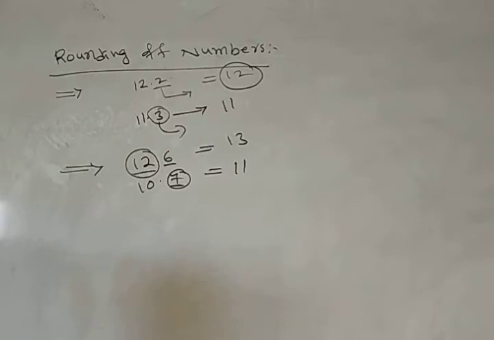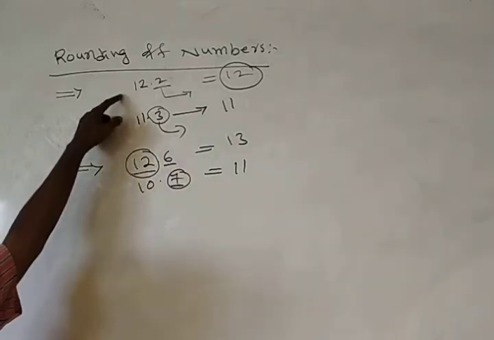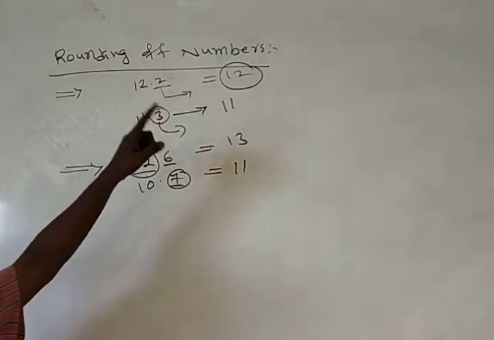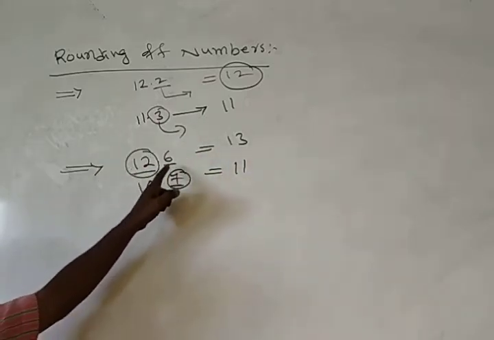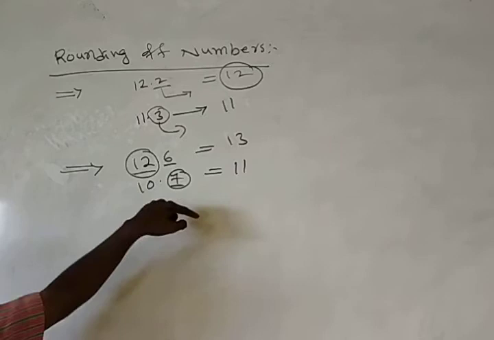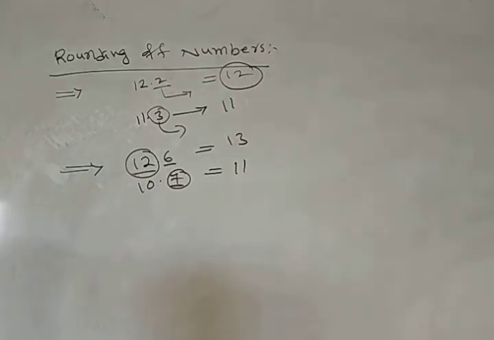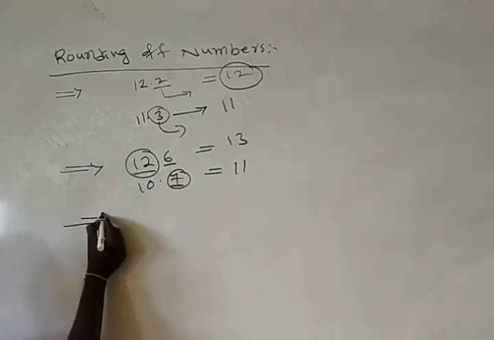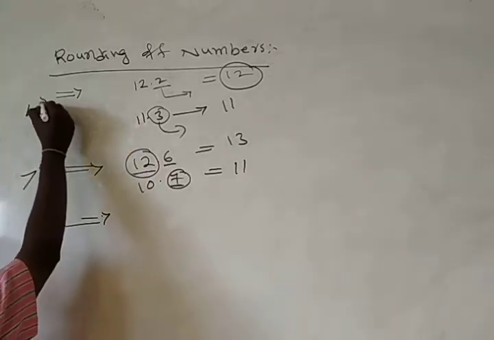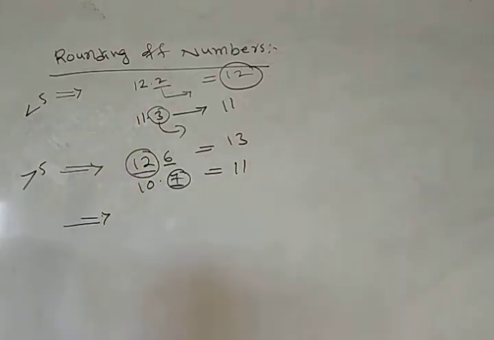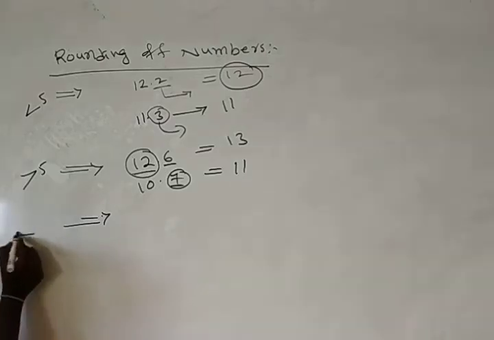If less than 5, write the number as is. 12.2 becomes 12. 11.3 becomes 11. 12.6 becomes 13. 10.7 becomes 11. Here it is greater than 5, here less than 5.